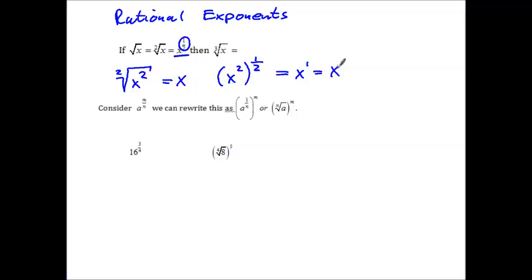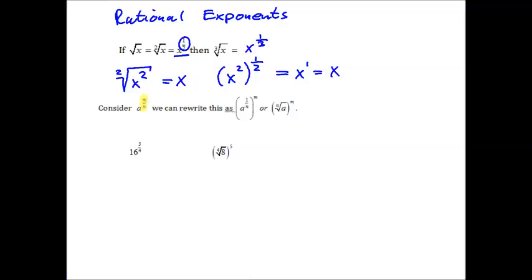And then if that works for square roots, it also of course works for other roots. Then the cube root of x must be able to be written as x to the power of 1/3. And that brings us to the next rule down here. Consider a to the power of m over n.